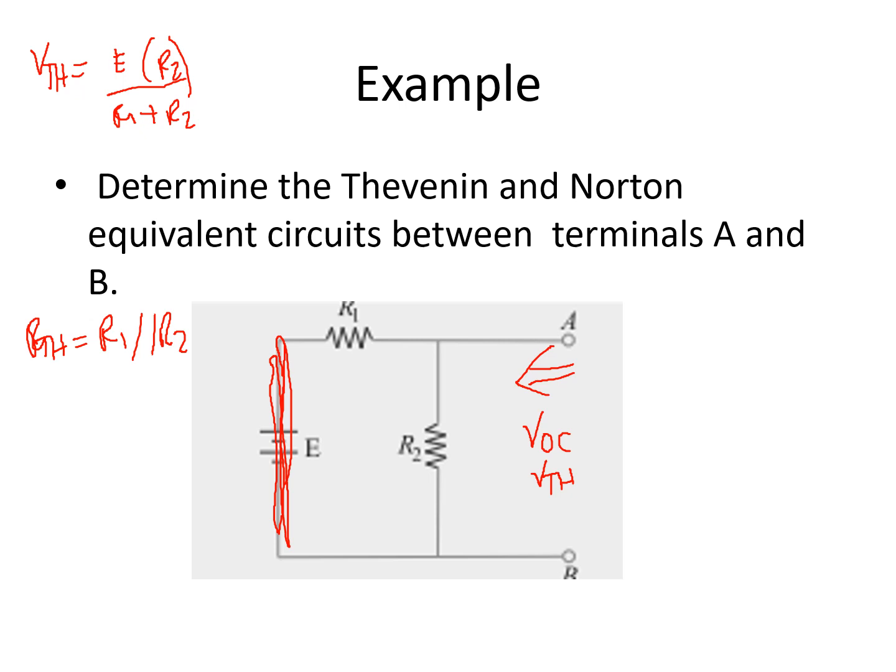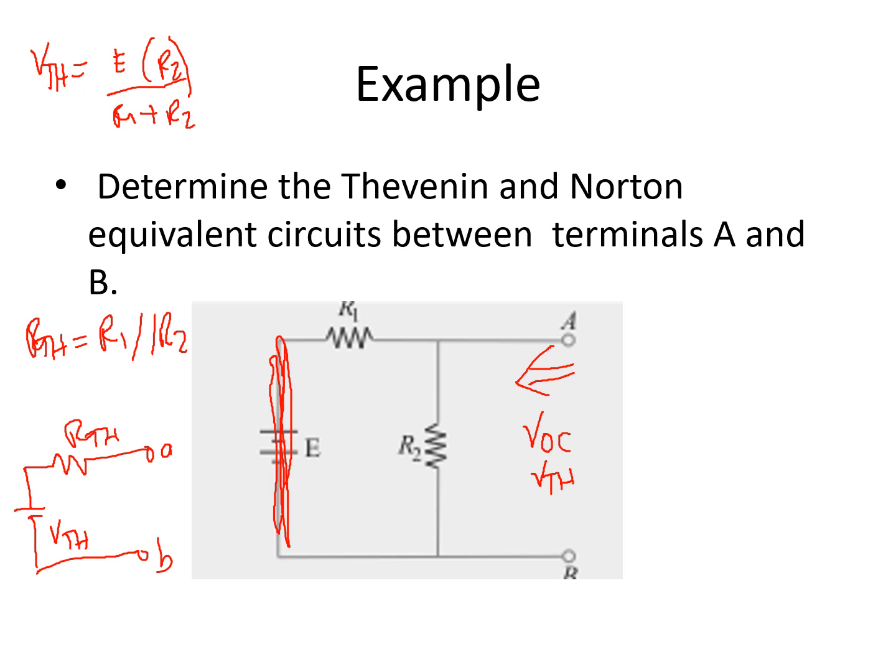So the Thevenin's equivalent circuit for this one is simply a source, which is your V_TH, in series with your R_TH, and these are your terminals A and B. So that is the Thevenin's equivalent circuit for this type of problem.